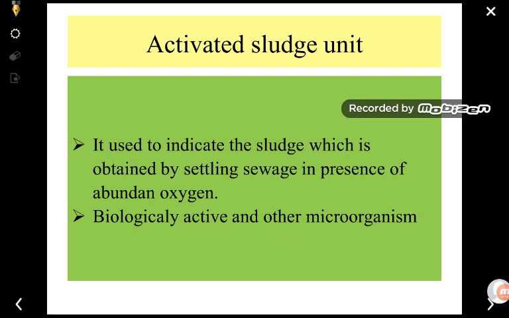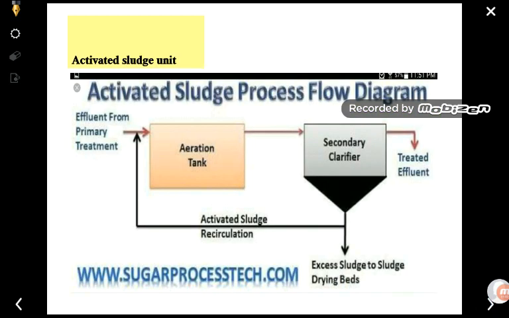The sludge we get has the following properties. Before going to the properties, we must see how the activated sludge process normally looks. Here you can find a picture in which the effluent from the primary treatment is subjected to the aeration tank.